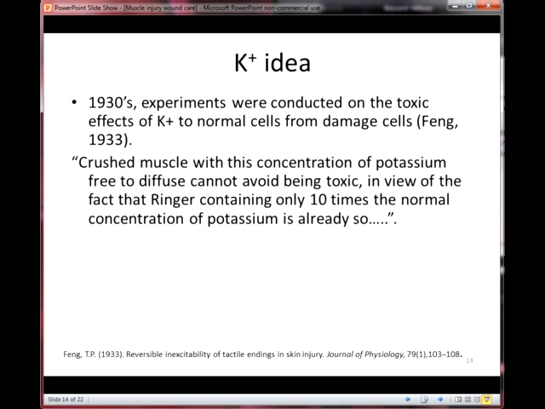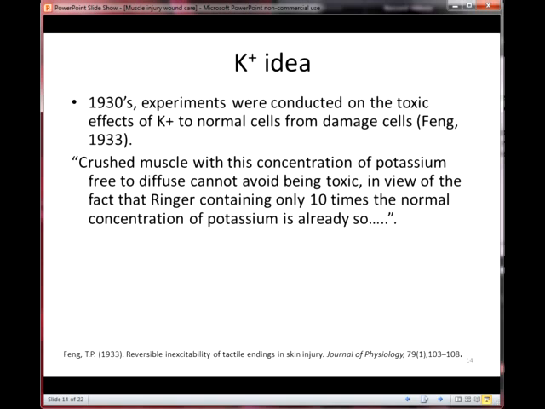The idea of high potassium around cells causing them to die or be damaged is nothing new. In the 1930s, T.P. Feng noted that high potassium due to, say, crushed muscle, if you put the fluid from the crushed muscle onto normal cells, can cause them to be damaged too.